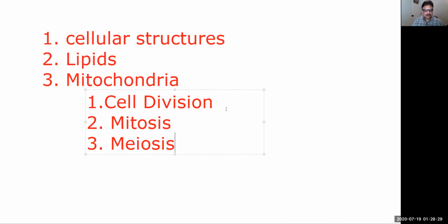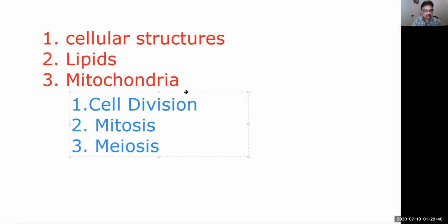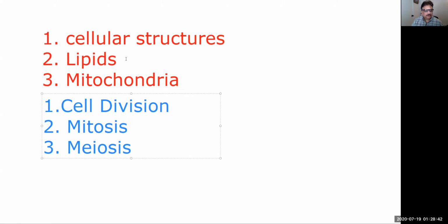So altogether, there will be six topics, but I will be uploading two videos. First video for cellular structures, lipids, and mitochondria, and the second video for cell division, which would include mitosis and meiosis. So let's get started and let's look at the learning objective for this chapter.